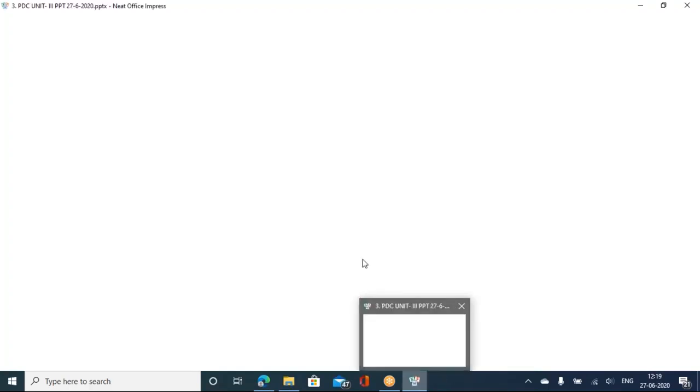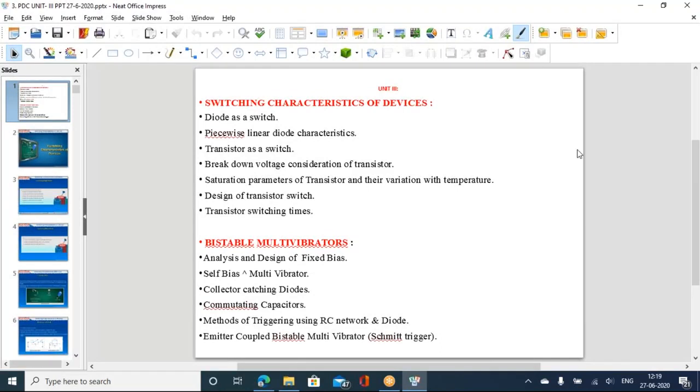The third unit mainly has two parts. One is diode and transistor switching times, and the second one is bistable multivibrators.